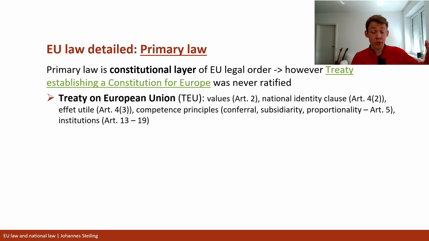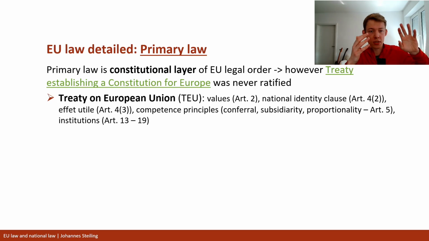So we have values of the EU, democracy, rule of law. Then we have the National Identity Clause, which says EU has to respect the national identity, and the general rules on competence, so the principle of conferral, competences have to be conferred to the EU. The EU has to act according to subsidiarity, proportionality, and then we have the basic rules on the institutions.